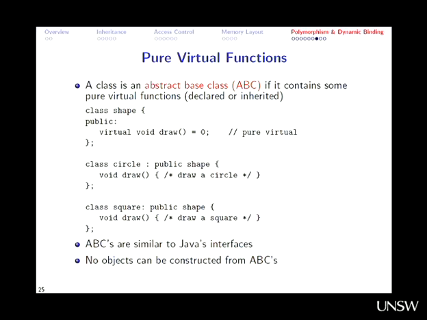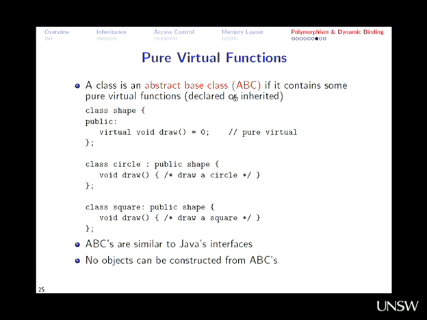Now, we can have what's called pure virtual functions, and pure virtual functions lead to the notion of abstract base classes. A class is an abstract base class, or an abstract class, if it contains some pure virtual functions.